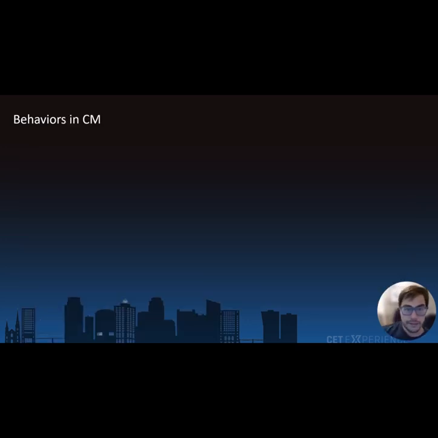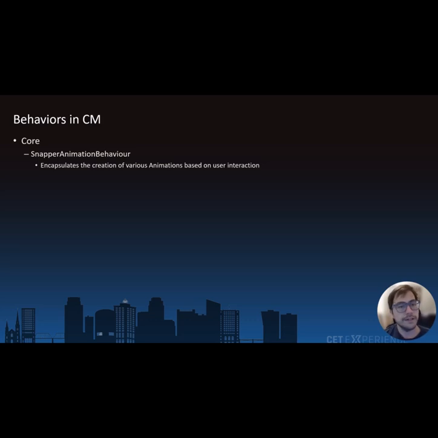So I sort of alluded to the fact that behaviors aren't exactly a new concept to CM. We have a few long-standing examples in all of our abstracts and actually within core. The first one in core that I'll bring to the screen is the snapper animation behavior, spelled a bit differently than what we do today, because I think it's from our English UK localization phase.